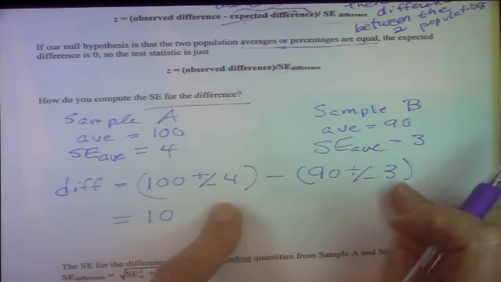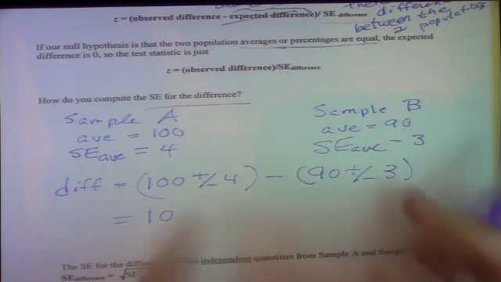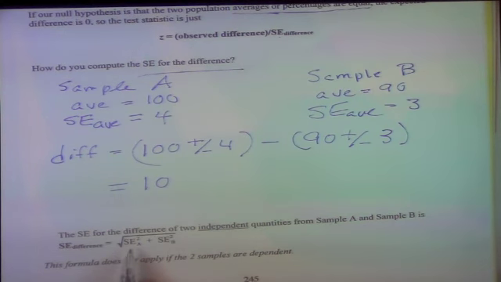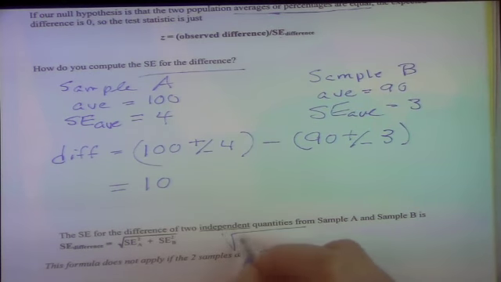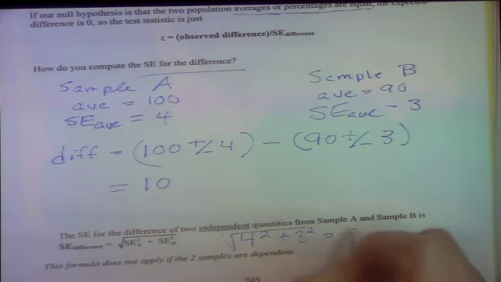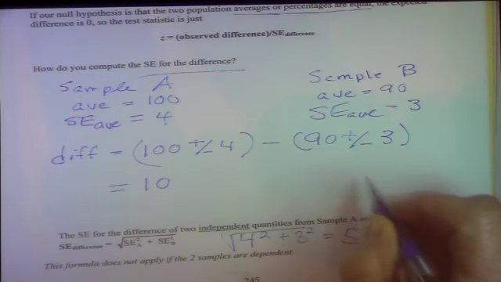And the idea is that the standard error of the difference is basically this Pythagorean theorem. It would be the square root of 4 squared, the error from this one, plus 3 squared, which is 5. Think of it as the Pythagorean theorem, okay?